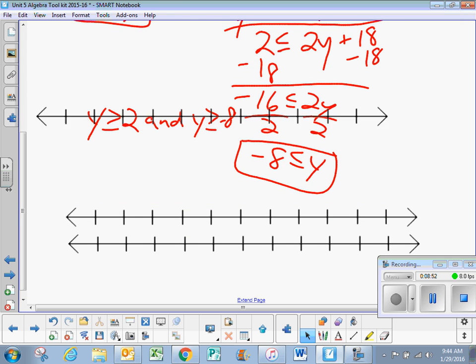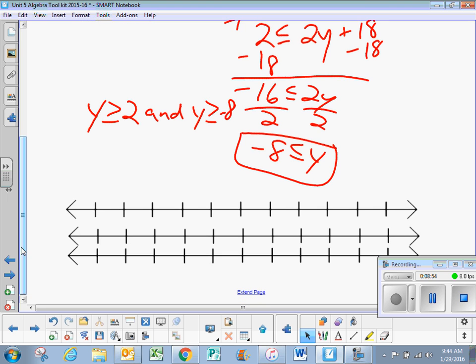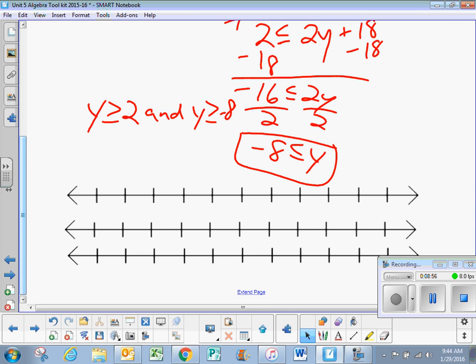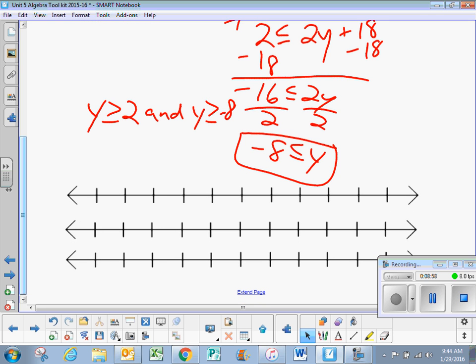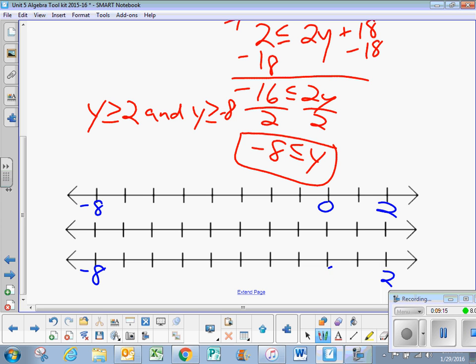Okay. All right. So now, some of you, this is a little different graph than we've seen, so pay extra close attention. This is an and. We're looking for the intersection of where they're both graphed. Okay, and the first one, first of all, my key points are negative 8 and 2. Negative 7, 6, 5, 4, 3, 2, 1, 0. Perfect. Okay, so let's go ahead and put those on here just so we have our key points. My first graph, y is greater than or equal to 2, so that's going to go out here.